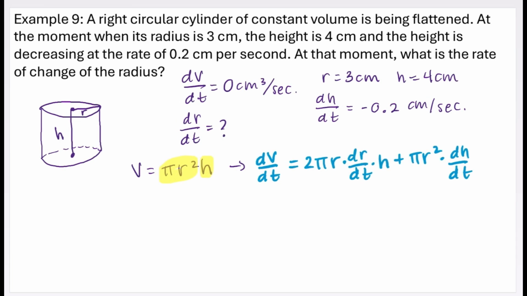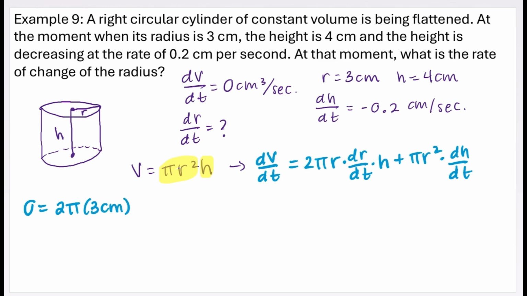Now I'm going to plug it in and then solve for what I'm looking for. So I'm going to plug in dV/dt, which is just going to be 0. Since it's just 0, I'm not going to bother putting the units. So I'm going to have 0 equals 2 pi r. So r is going to be 3 centimeters.